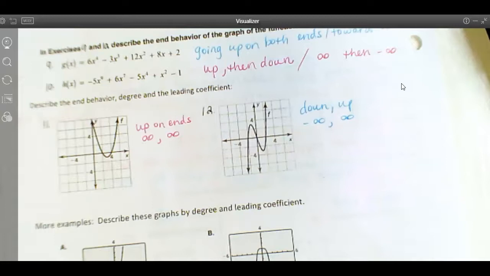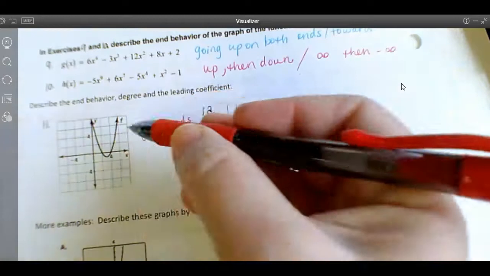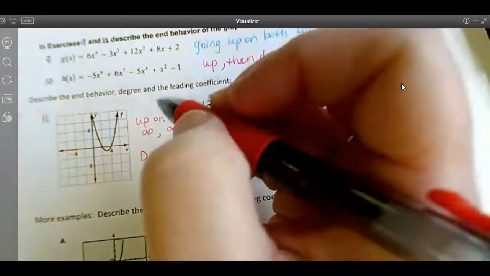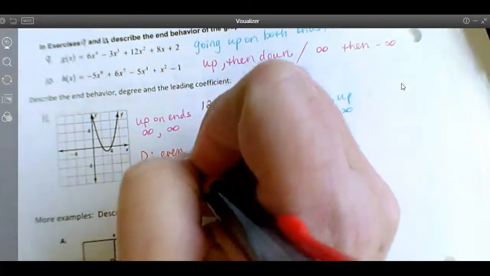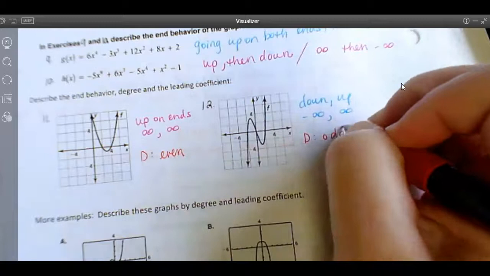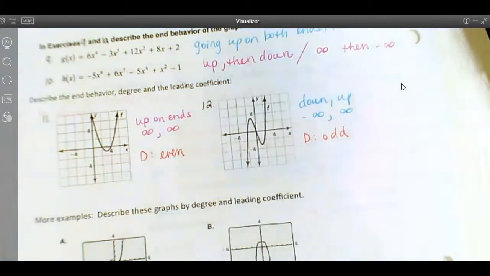Alright, the degree tells me the shape of the graph. If it's up on both ends, the degree is even. If it's opposite, the degree is odd. So since it's up on both ends here, the degree is even. And since they're opposite here, the degree is odd.